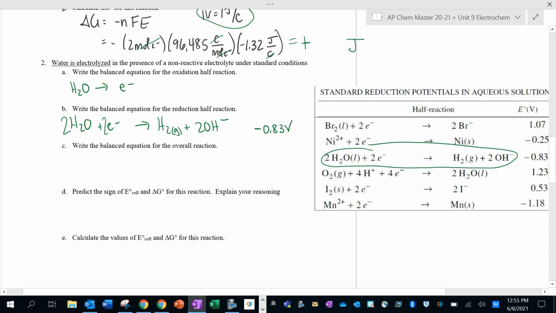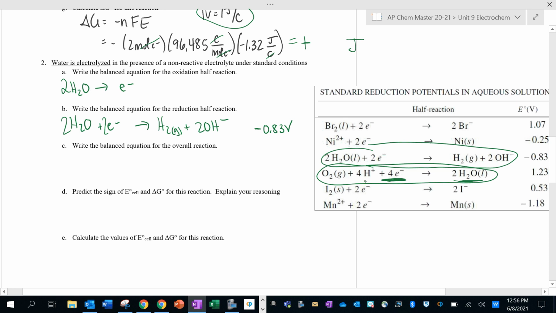And now I want to look for a reaction that has water giving up electrons, so the electrons are on the opposite side of the arrow. That looks like this reaction right here. Do you see how in this one the water is on one side and electrons are on the other side? So if I flip this reaction around, my products here, 2 waters, become my reactants.